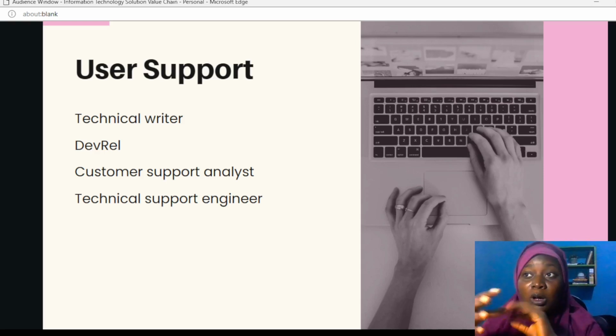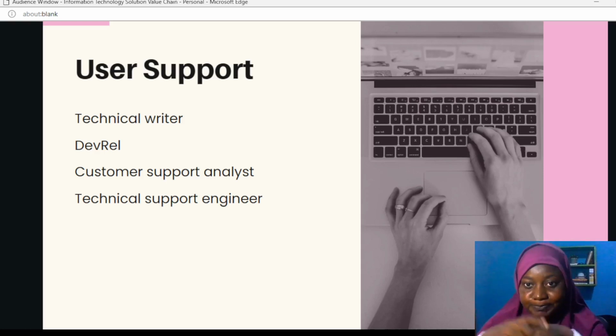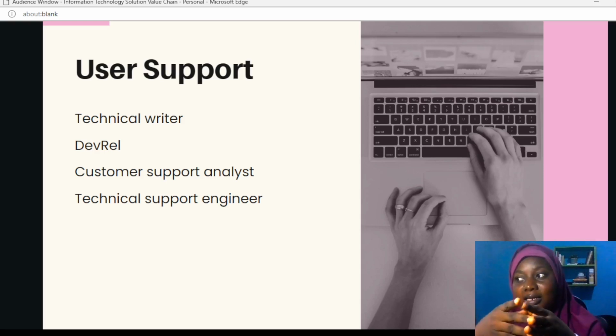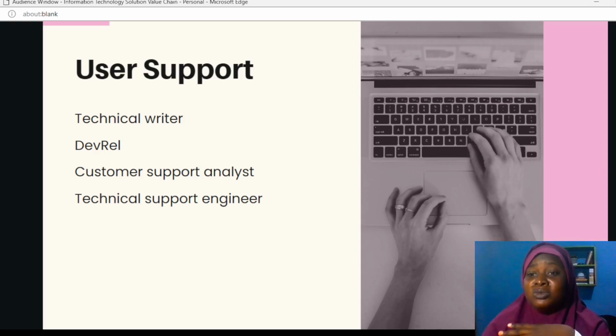There is a need for maybe updating a table on the database, or for the team to implement corrections in a feature, maybe there is a bug. Then we have technical support engineers. And technical support engineers, sometimes they need to know how to code, depending on the type of organization and how the organizations have differentiated the roles. That determines what is done by the technical support engineers.